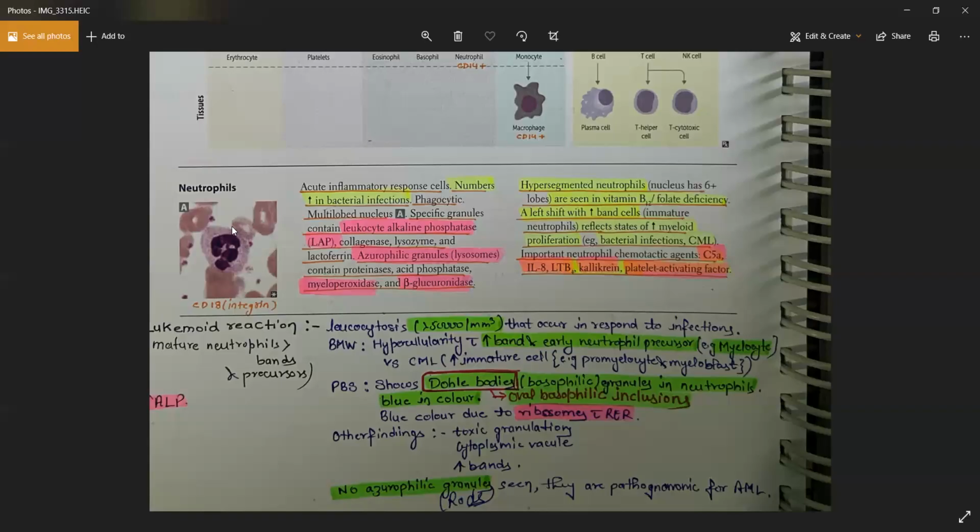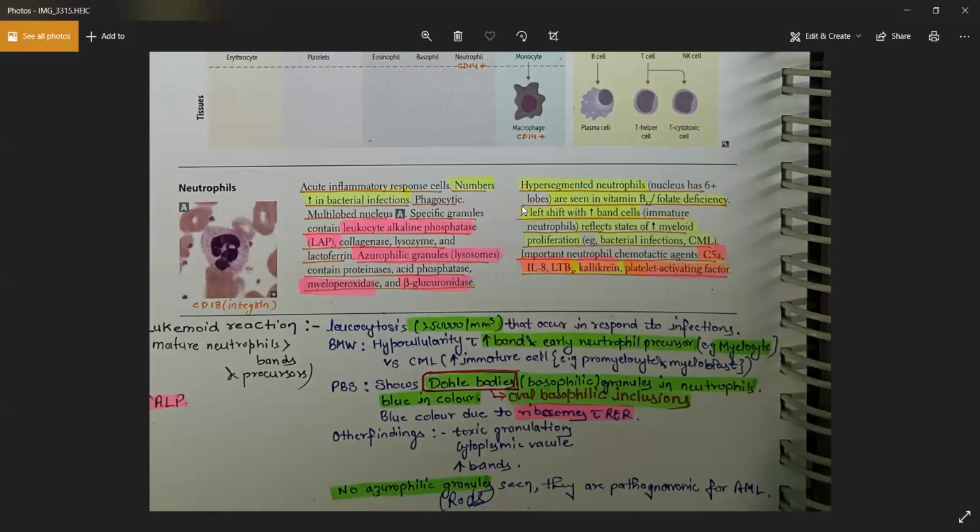So if you have a deficiency of vitamin B9 or vitamin B12, then maturation of these neutrophils will not happen. As a result, these neutrophils remain immature, and when they are immature, they have more lobes in the nucleus. So you will have more than 6 lobes, the hypersegmented neutrophils.